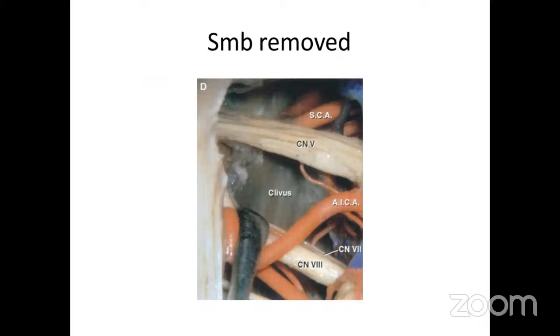The middle complex consists of the 6th, 7th, and 8th nerves. The artery is the ICA, and the cerebellar peduncle is obviously the middle cerebellar peduncle, the surface is the petrosal surface, and the fissure is the cerebellopontine fissure, and the fissure related to the upper complex was the cerebellomesencephalic fissure.